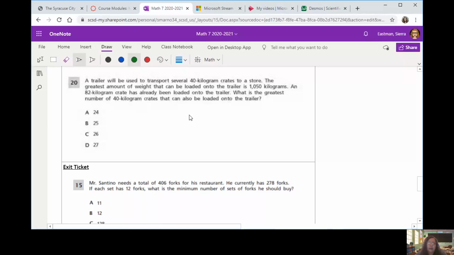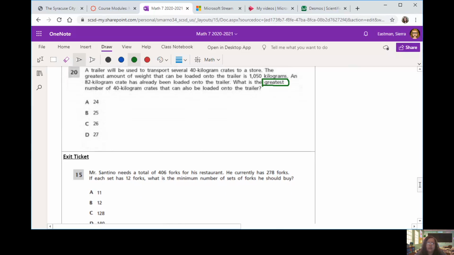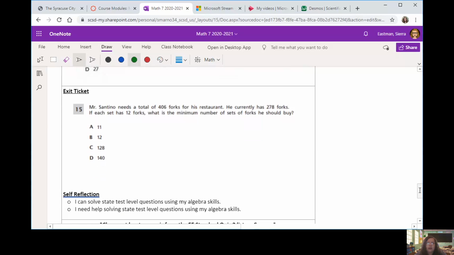This one will actually be an inequality as well, because we see the word greatest, which means that there could be multiple answers, but we're trying to find the biggest answer, so that will be using an alligator symbol. And same thing with the exit ticket. We see the word minimum, which means there could be multiple answers, but we need the smallest answer to solve that problem.